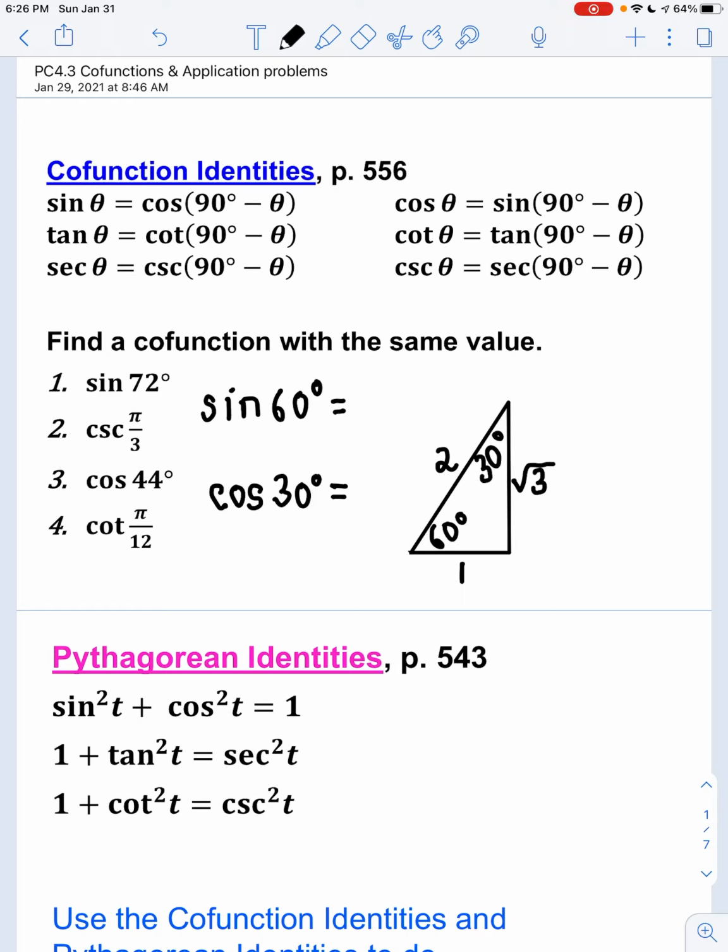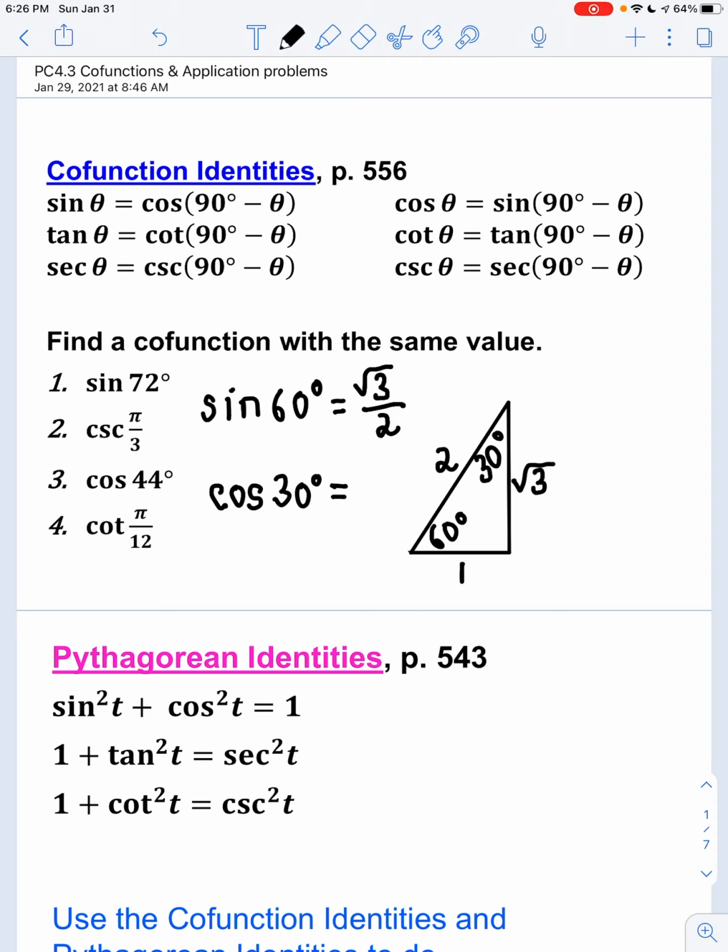So I want to first point out my triangle here, the diagram where you see the 30, 60, 90 triangle. This is the triangle we worked with the other day. And if I was asked to find the sine of 60 degrees, since I know that is opposite over hypotenuse, I could say that sine value is square root of 3 over 2.